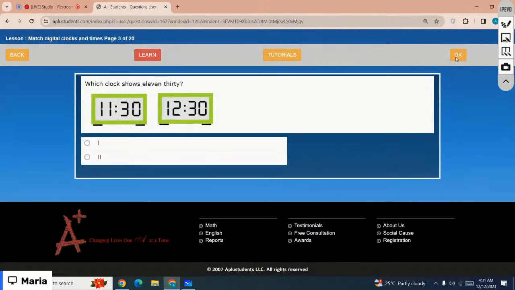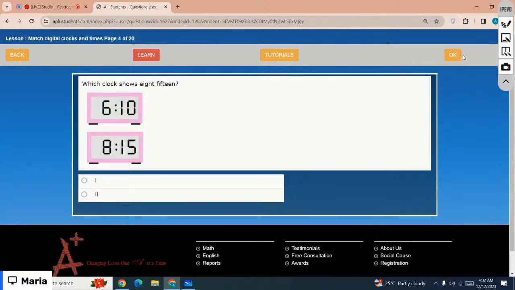Which clock shows 11:30? Which is the correct option? Yes, option one is the correct option. Which clock shows 8:15?